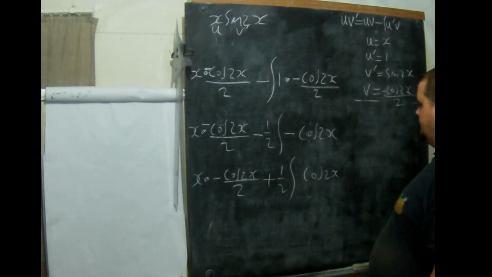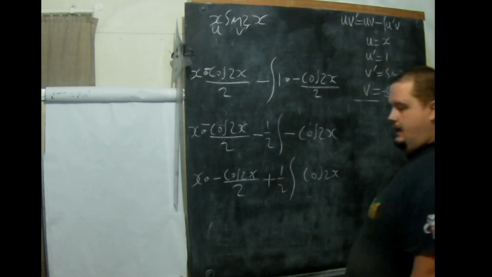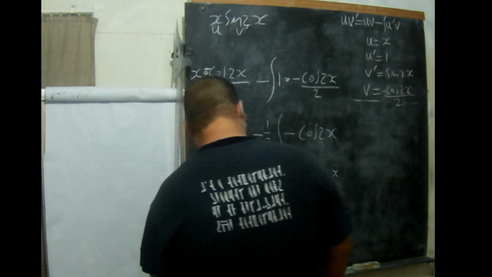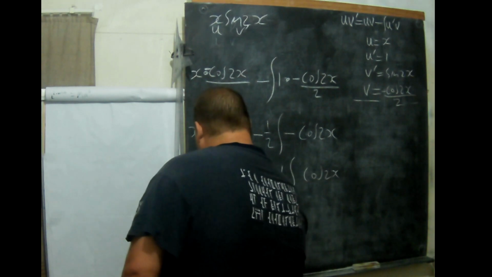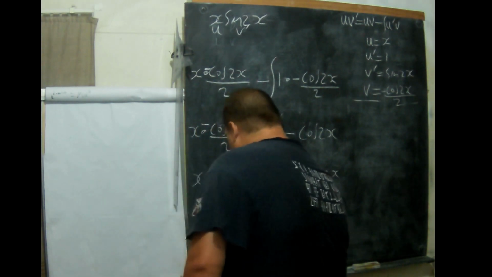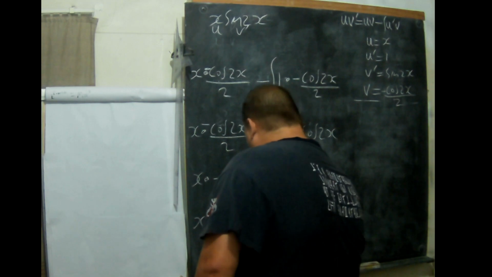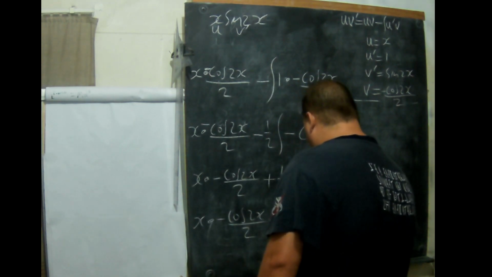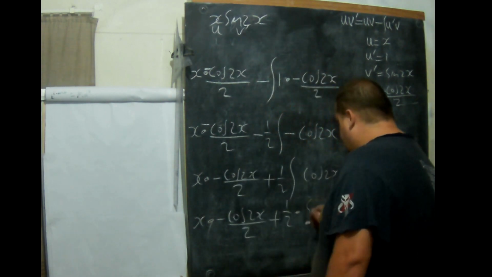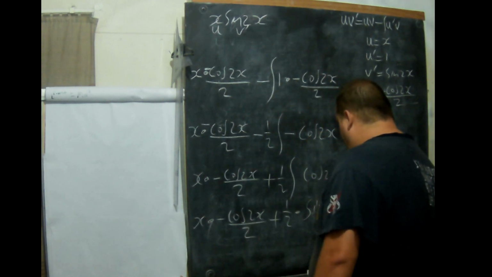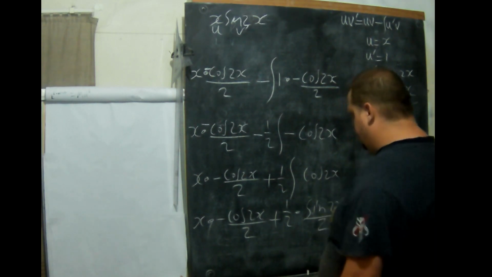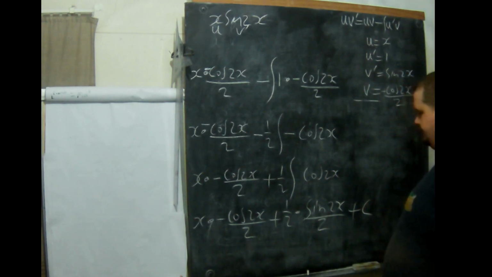Okay, so the integral of cos is positive sine. So what we have is x times minus cos 2x over 2 plus a half multiplied by sine 2x over 2 plus c.